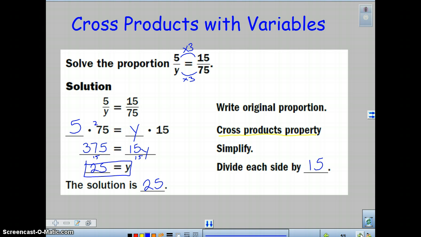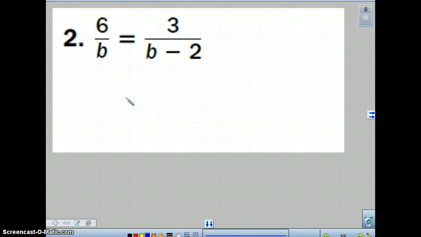So of course it's going to be a little bit more complicated for you, and we're going to come up to something like this. 6 over b equals 3 over b minus 2. Now before you freak out, this is going to look exactly like the problems that we just got done doing. All right, because if you think about it, if we're using the butterfly cross product method, I'm going to rewrite this.